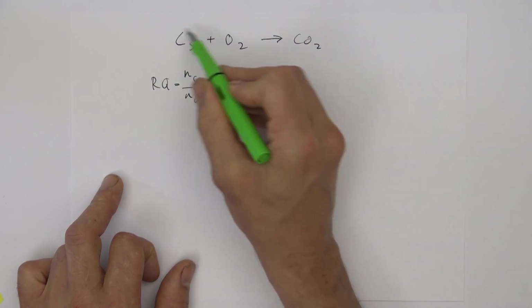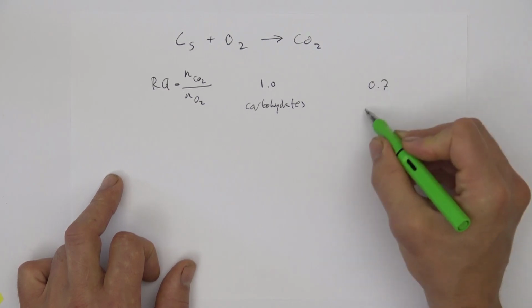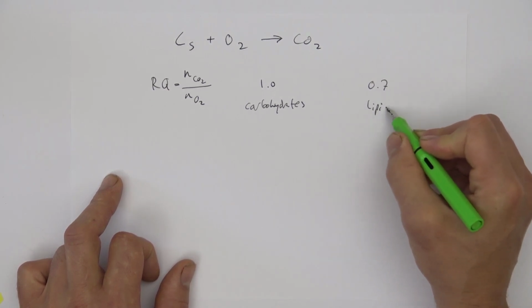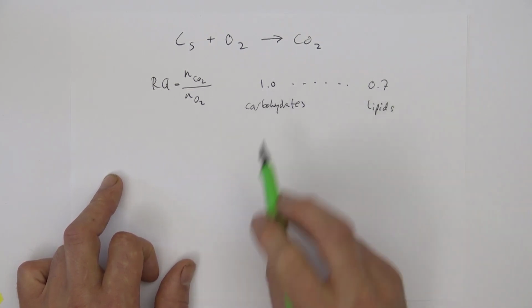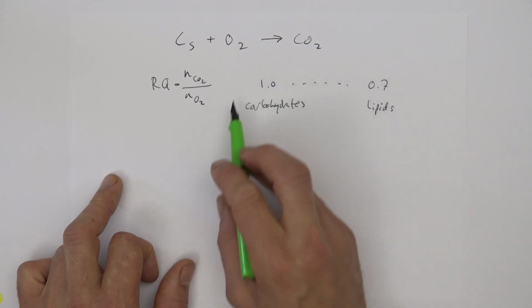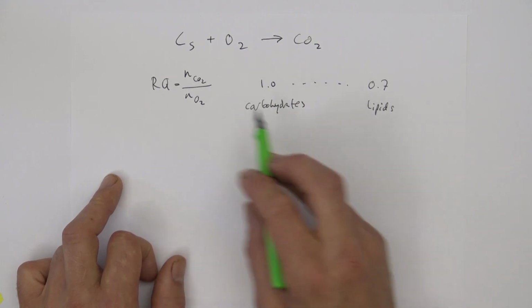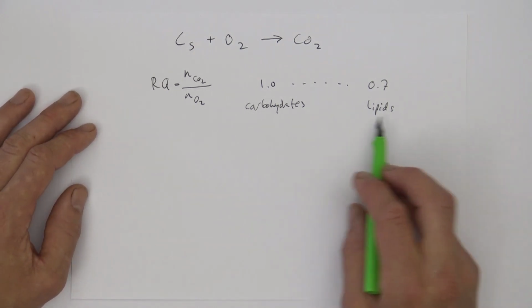When the substrate is carbohydrate, and a value of 0.7 for lipids. And that's the range we have. So in many cases it's 1, because carbohydrate is a very common substrate. In extreme cases where it's only lipid, we have 0.7.